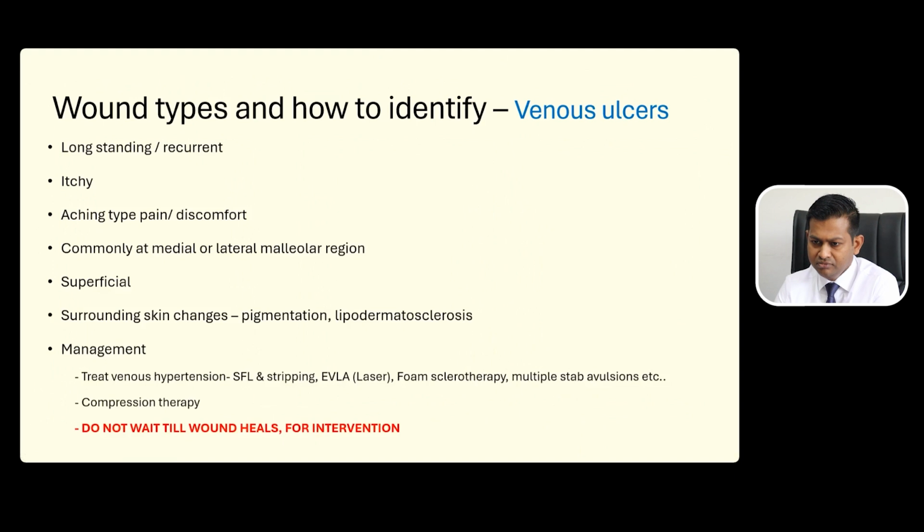Typically, it's a superficial ulcer with evidence of skin changes like pigmentation, lipodermatosclerosis, evidence of gross varicose veins. Sometimes we may not see the gross varicose veins, but if we do a duplex scan or ultrasound duplex scan, there will be refluxing veins, and it's the root cause for these ulcers. So what we can do, the most important thing, so we can treat them.